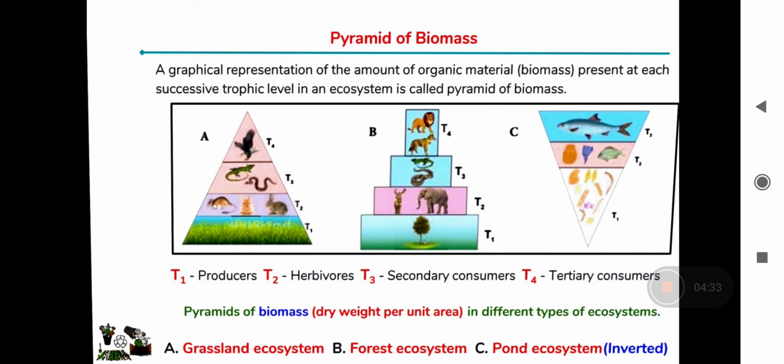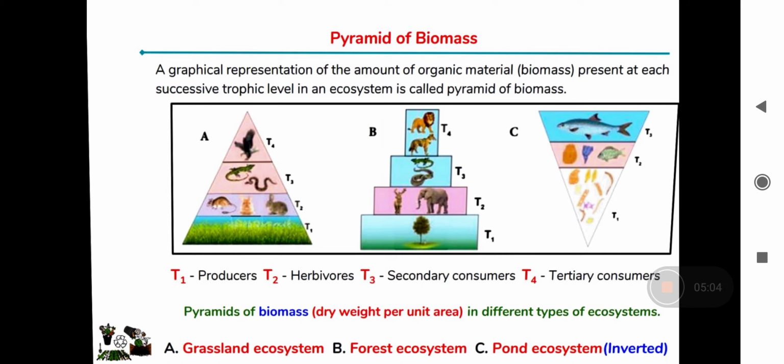And if we talk about the pond ecosystem, here the pyramid will go inverted, because if we compare the dry weight of phytoplanktons or zooplanktons, it will be comparatively very less than the dry weight of a shark or whale.